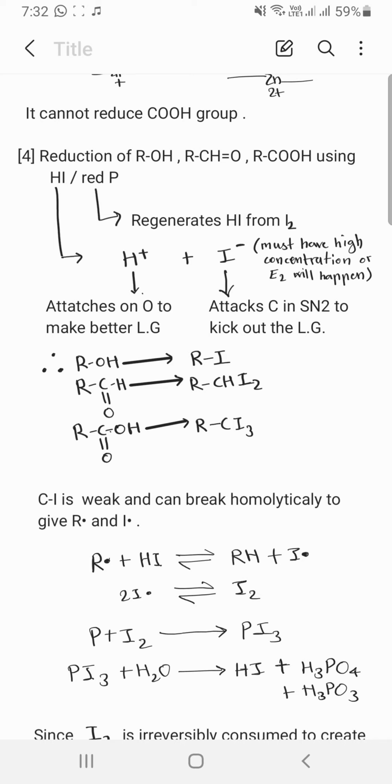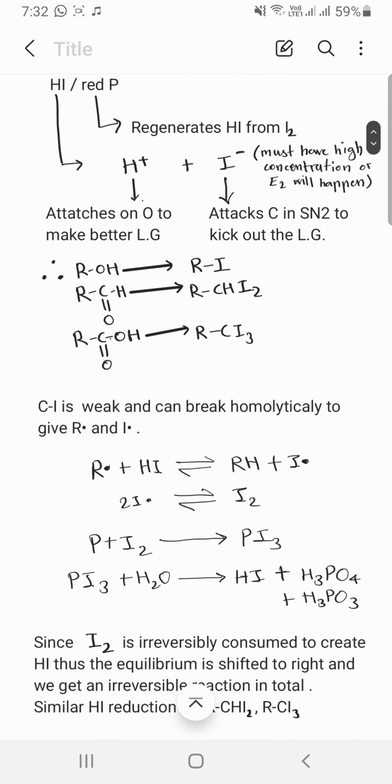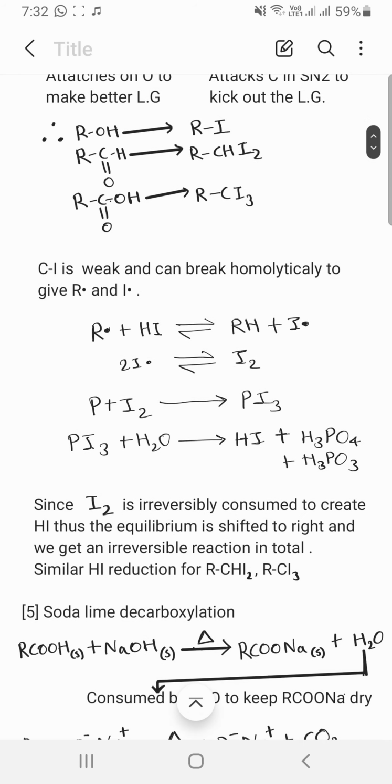You know that iodination, both free radical and the usual thing for alkenes, is reversible. And for alkanes, free radical iodination is reversible. So that's an important thing. So basically what will happen is that I minus will attack in SN2 everywhere. And then after that, you have this carbon iodine bond breaking.